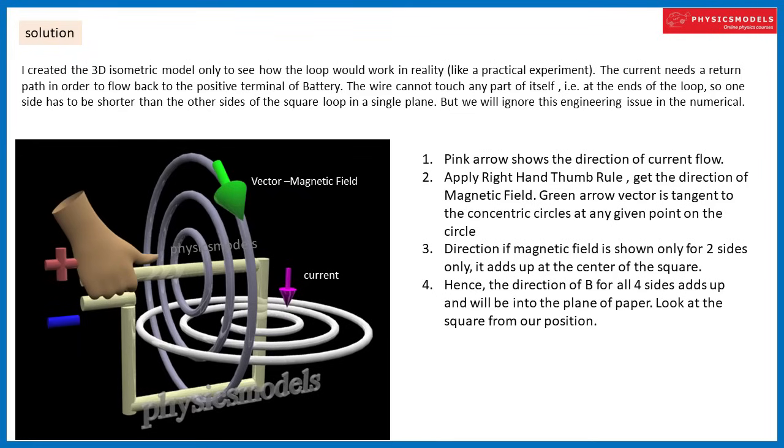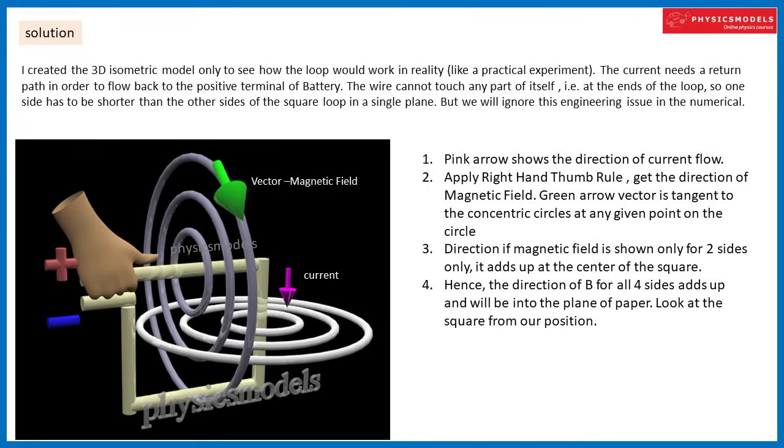At any point on that circle, the green arrow shows the vector which indicates the direction of the magnetic field. And by the way, the 48 volts has nothing to do with the magnetic field. The magnetic field B will be proportional to the current flow, and so you can ignore the voltage of the battery given in this problem.